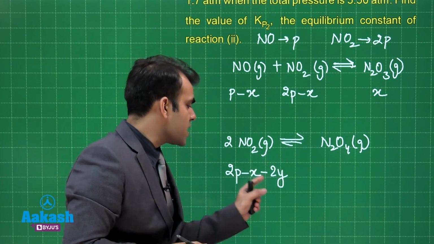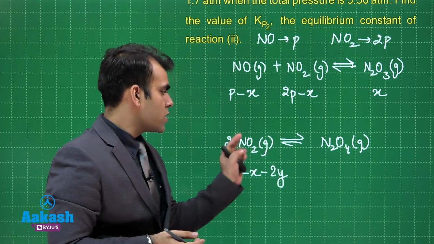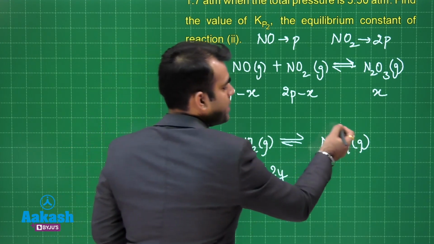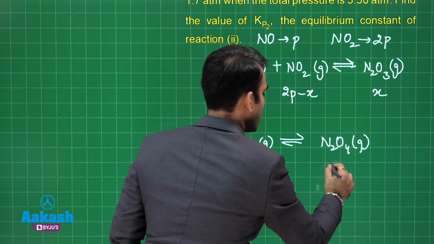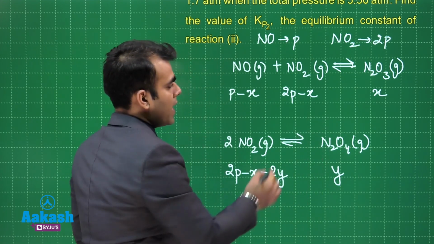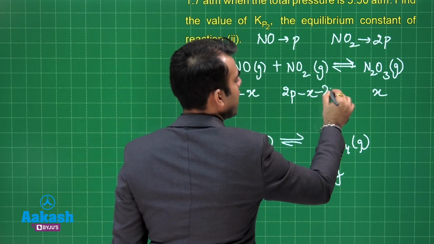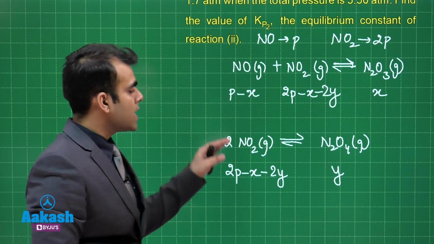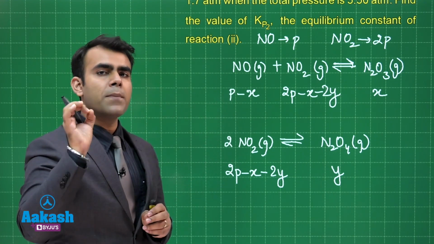If the pressure decrease is 2Y for the formation of N2O4, then the pressure because of N2O4 is Y, and similarly here also I have to write 2Y. So this is basically my final equilibrium pressures.